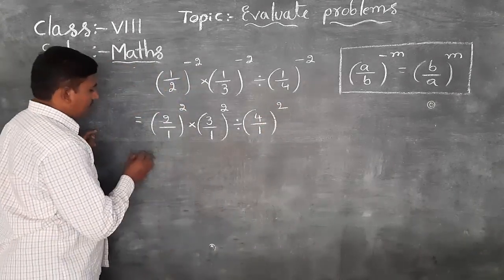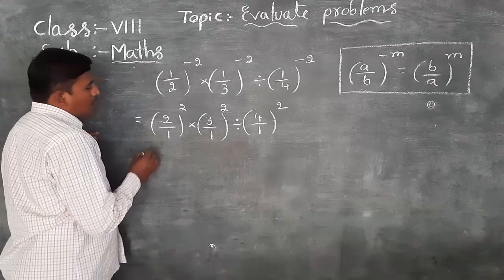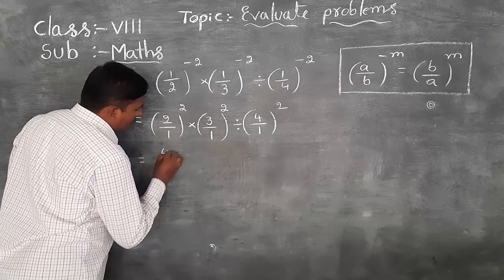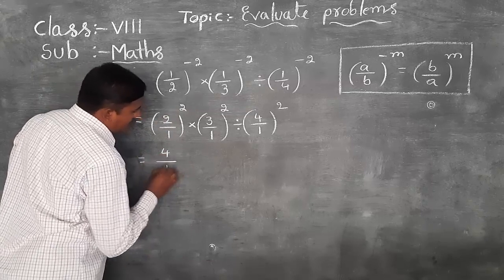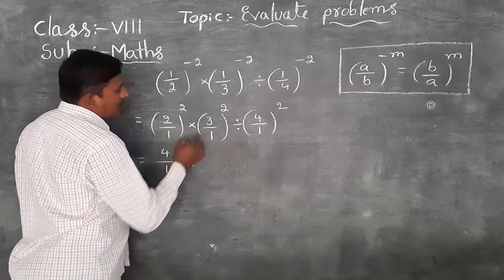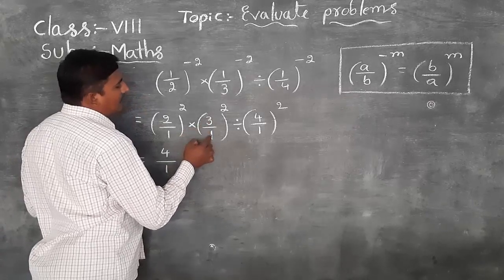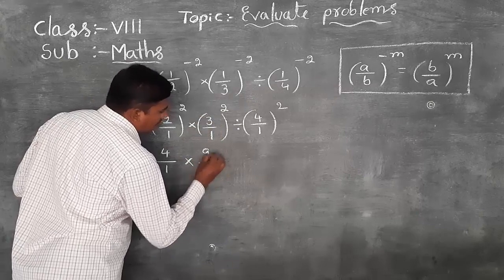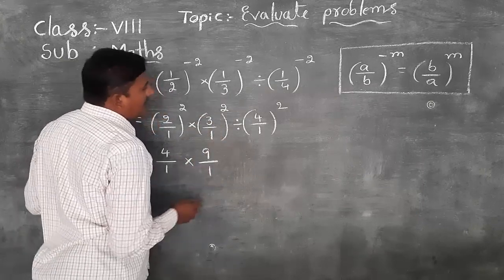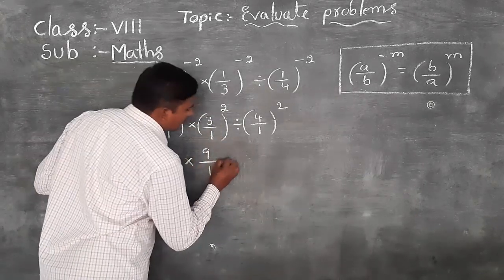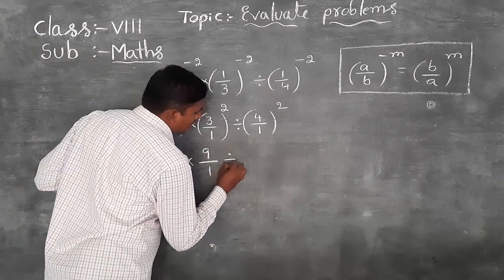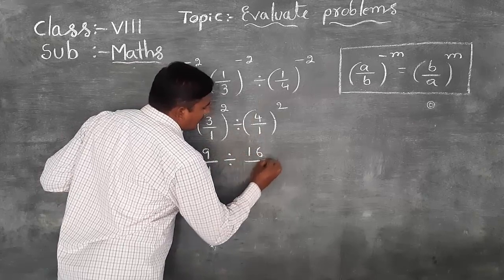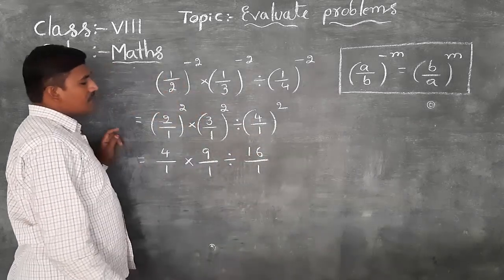Okay, so it is equal to 2 by 1 whole square means 2 2s are 4 by 1, 1 1s are 1, into 3 by 1 whole square means 3 3s are 9 by 1, 1 1s are 1, divided by 4 4s are 16 by 1.